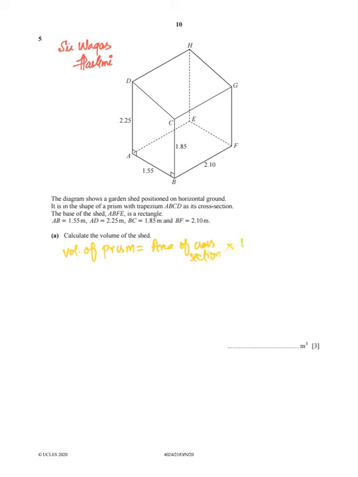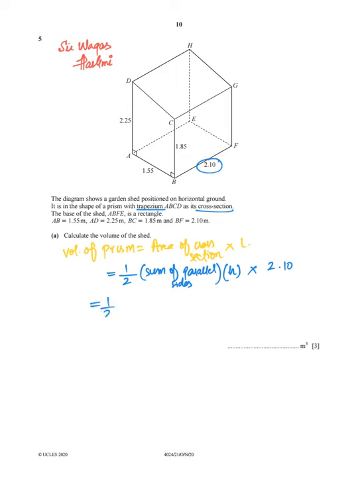Alright, so the area of cross section we have, it's our trapezium, right? The working formula for a trapezium is 1 upon 2 times the sum of parallel sides multiplied by height. That is the area of cross section, multiplied by the length we have, which is 2.10.